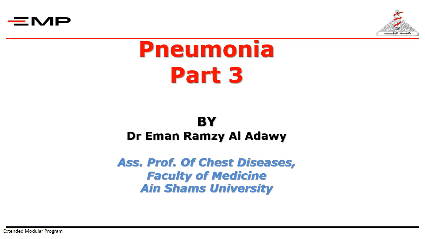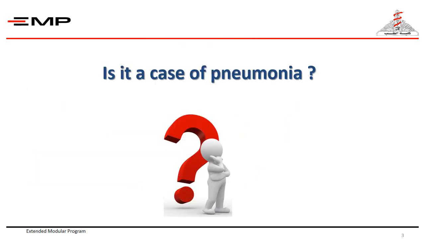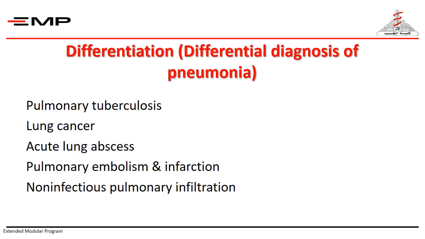This is part 3 of our lecture, Pneumonia. Is it a case of pneumonia? Does each patient diagnosed to have pneumonia actually have pneumonia, or it may be other diagnosis? It may be actually other diagnosis.